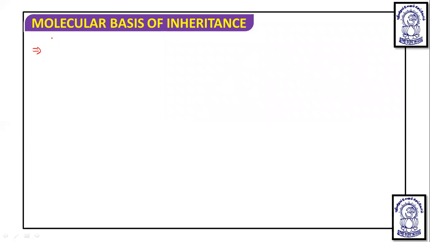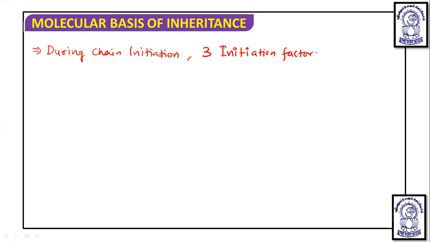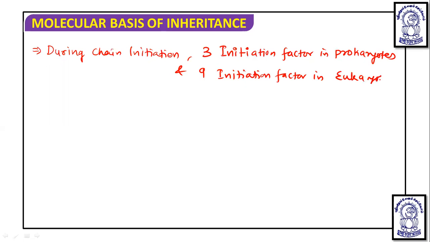So we remember some important points. During chain initiation, three initiation factors in prokaryotes and nine initiation factors in eukaryotes are required. Okay.